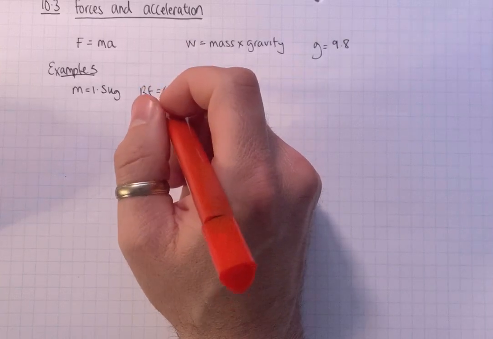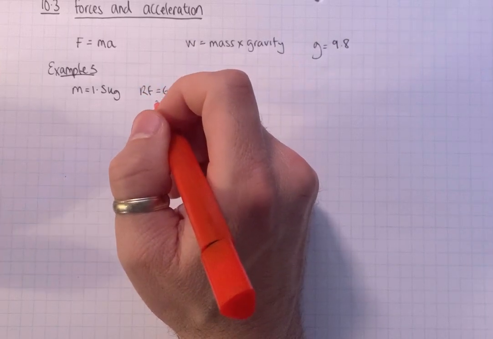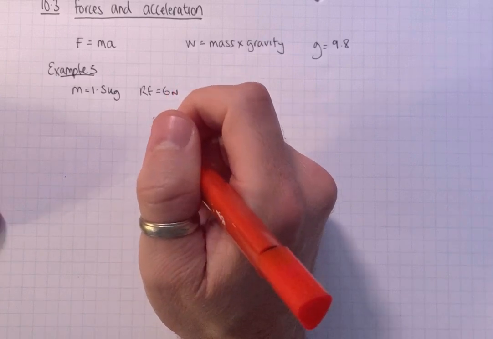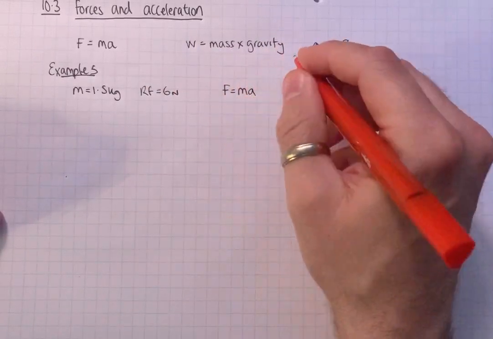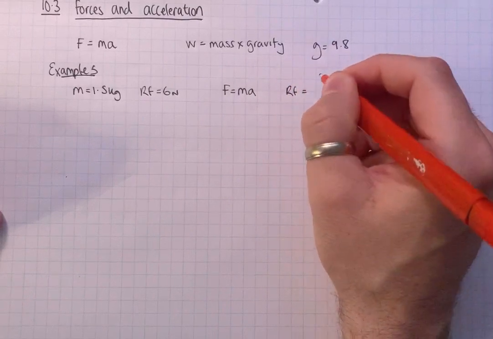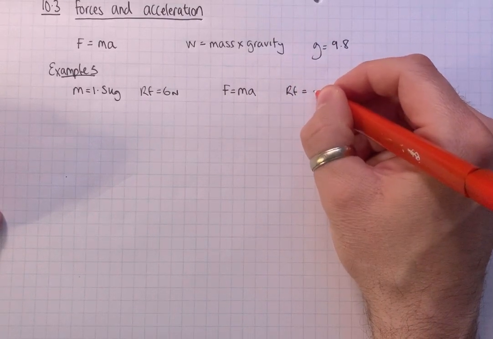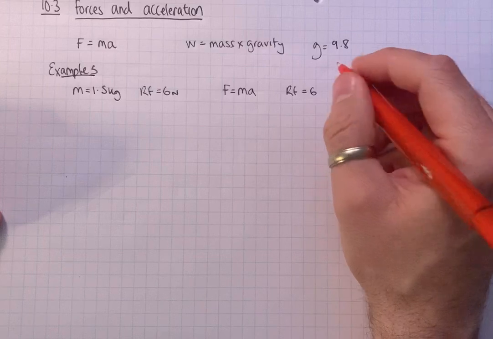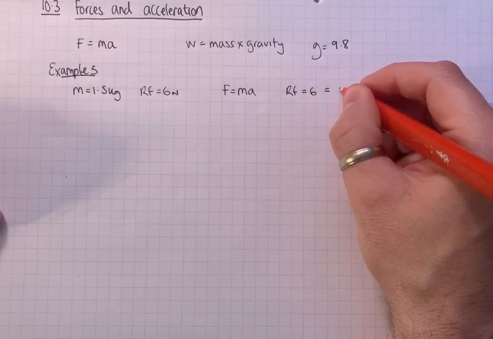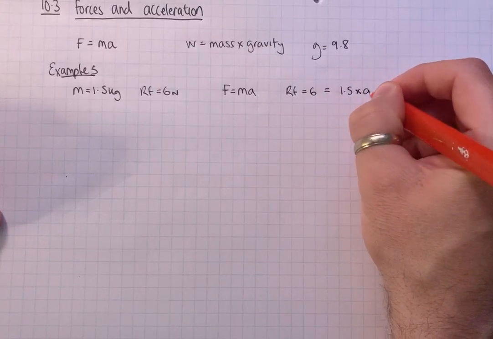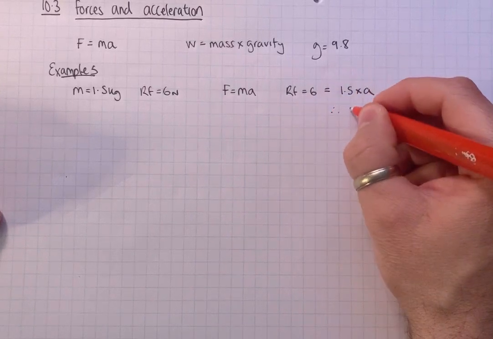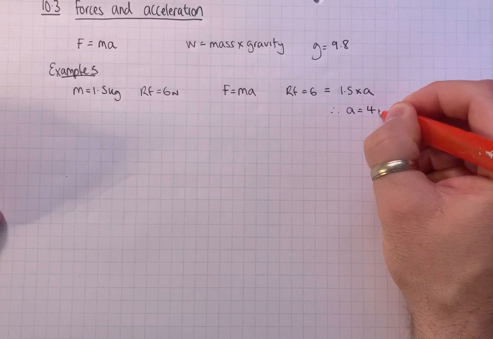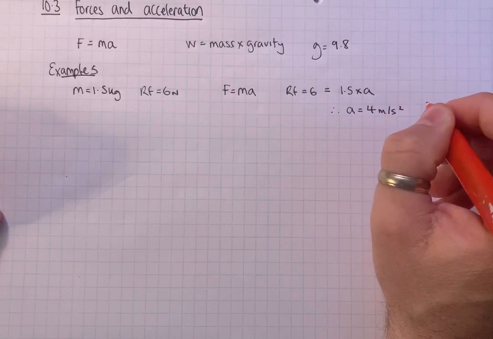If you're given a question involving grams, you need to convert it first to kilograms. So using Newton's second law, F equals ma, the resultant force equals 6, which is equal to 1.5 times the acceleration. Therefore, if we bring that over as divide, acceleration must be 4 meters per second squared.